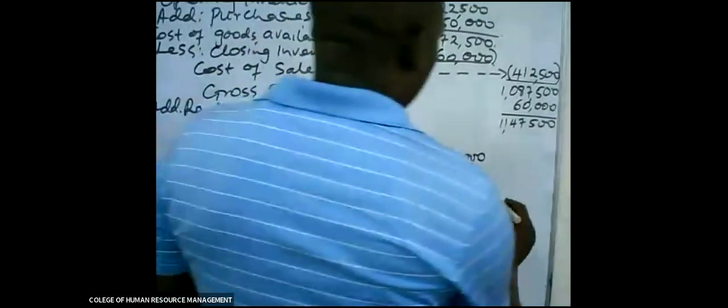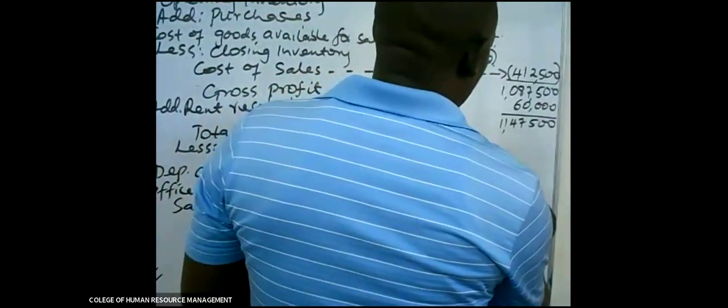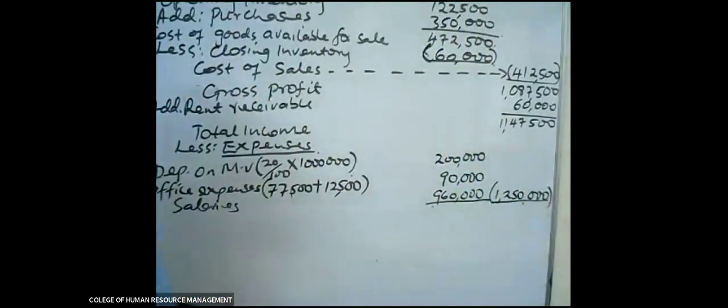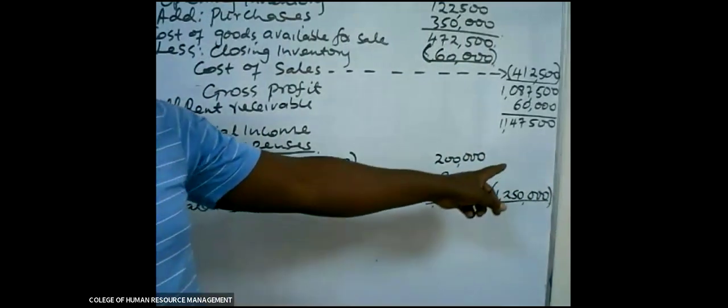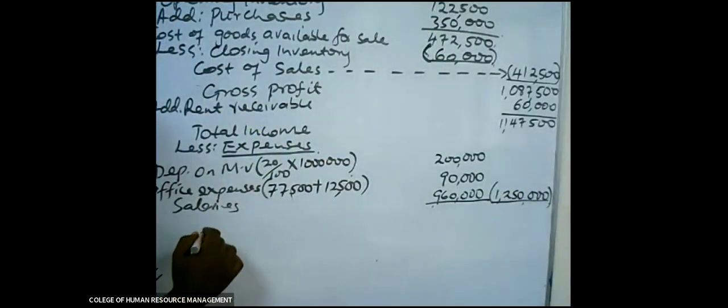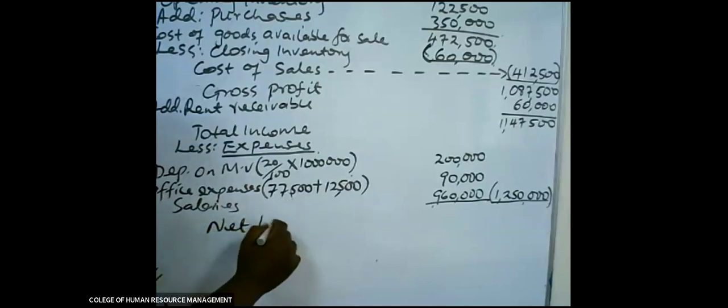$1,250,000. In this business, the expenses are more than the income, so the business will realize a net loss.